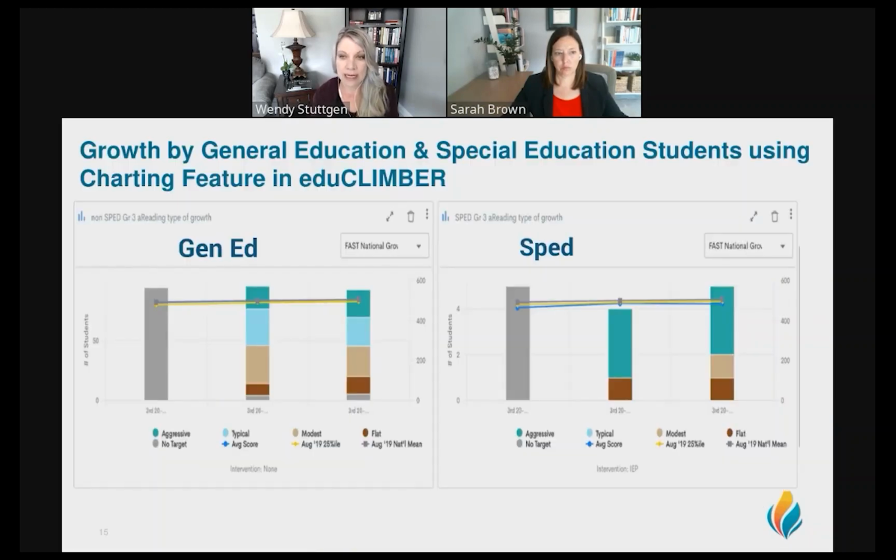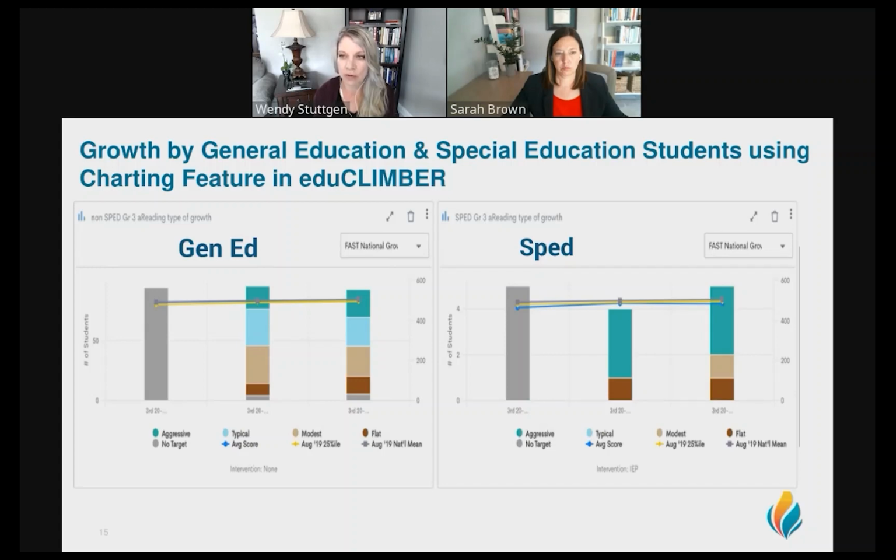Another way we disaggregated the data is by growth using the normative categories: aggressive, typical, modest, and flat growth from FastBridge, using the charting feature in EduClimber to determine the type of growth by disaggregated populations. So as you can see in these charts, the special education students actually made more aggressive growth than the general education students.